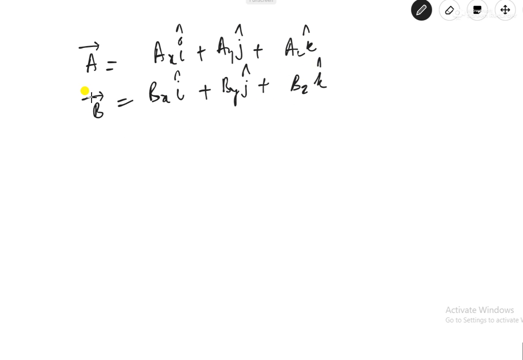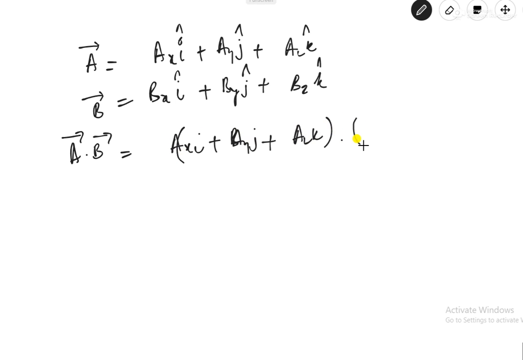So these are the components of the vector in the x, y and z directions. Similarly for B. So if you are writing A dot B, that is equal to (AX i plus AY j plus AZ k) into (BX i plus BY j plus BZ k).